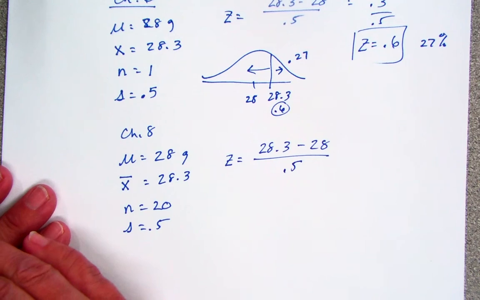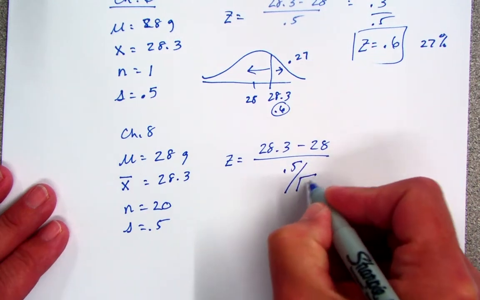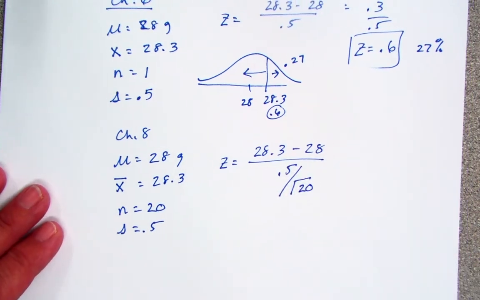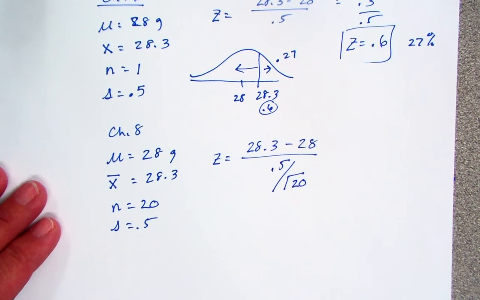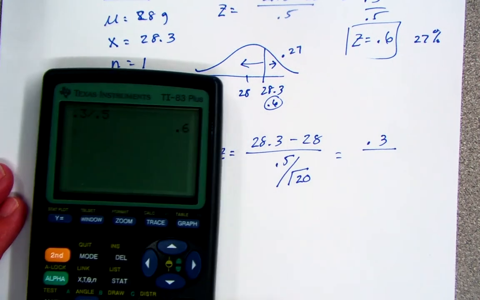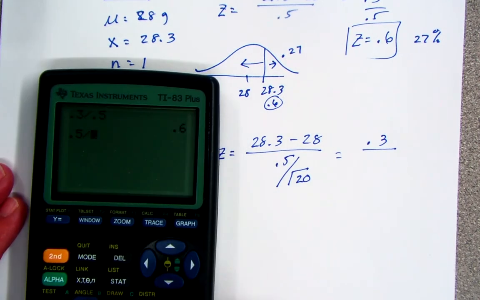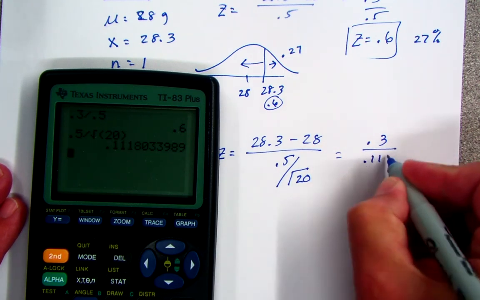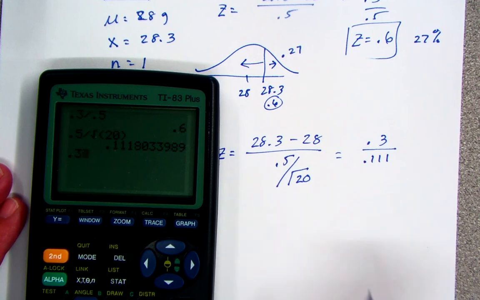So this is all the same, but now the size of my sample has to come into play. I have to do the square root of 20. So again, I would get 0.3 on top. I would take my calculator, 0.5 divided by the square root of 20, and that gives me 0.111, and now I'm going to divide those two numbers. I do it in steps.